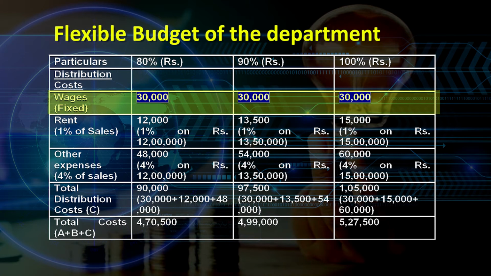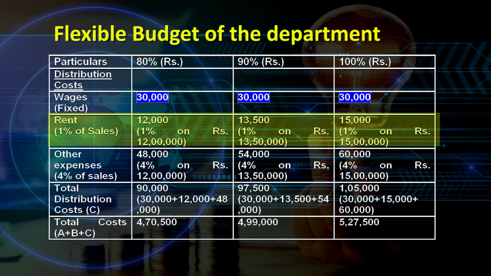Let us now take the distribution costs. The first of them is wages, which are fixed. So, 30,000 for all the 3 levels. Rent is to be taken at 1% of sales. Accordingly, rent will be 12,000, 13,500 and 15,000 at the 3 different levels.